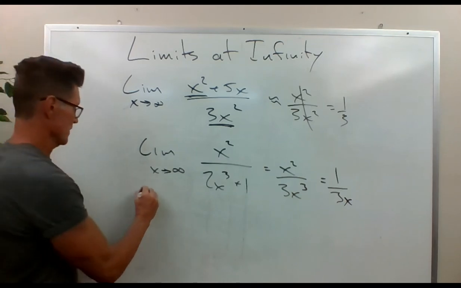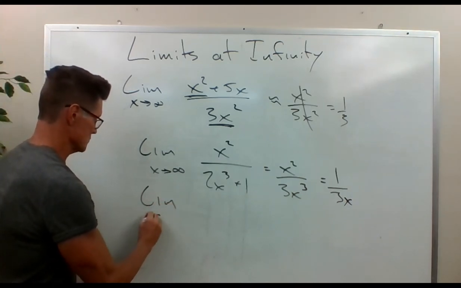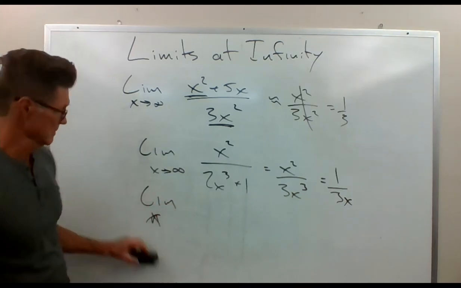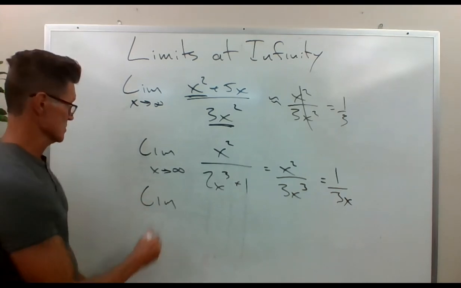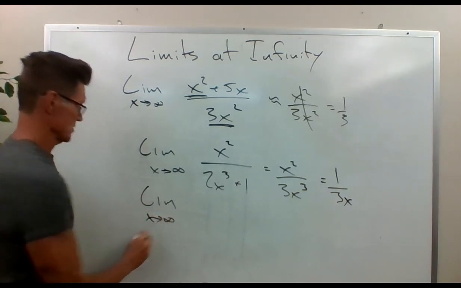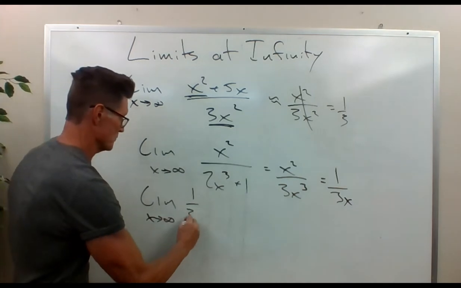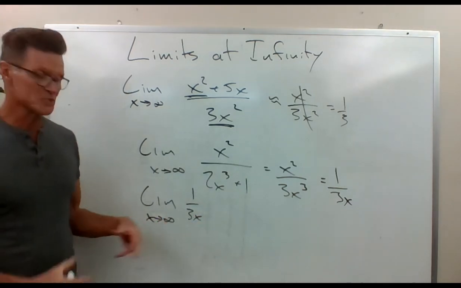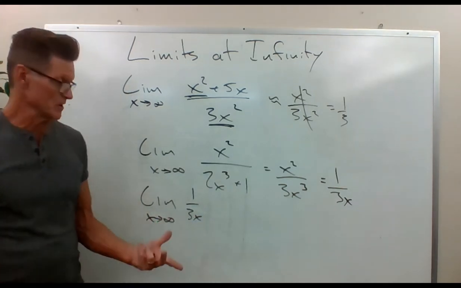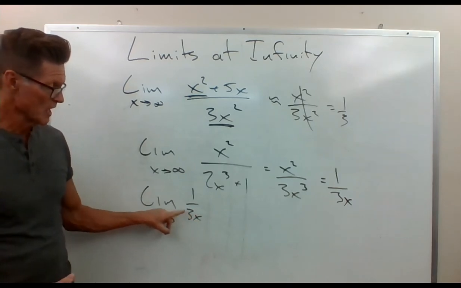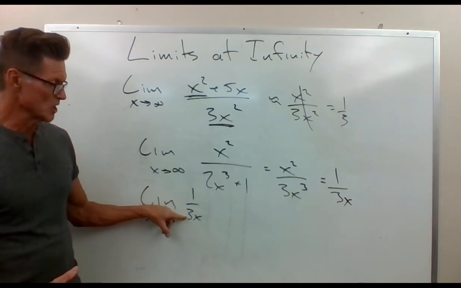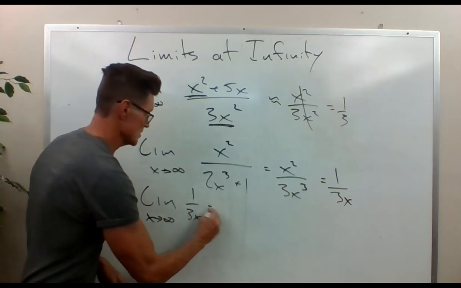And so what we're doing is we're finding the limit as, whoops, I keep wanting to write n because I've been doing sequences, as x approaches infinity of 1 over 3x. Well, now it's very easy to evaluate this and to see what's going to happen. As x gets infinitely large, the denominator gets infinitely large, and the whole fraction approaches 0.